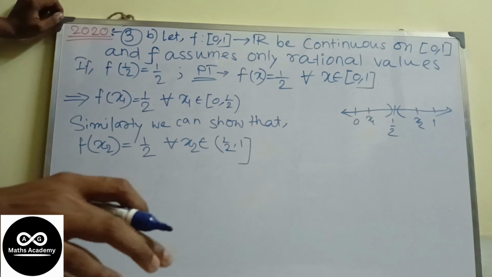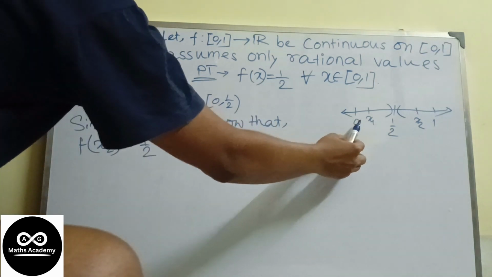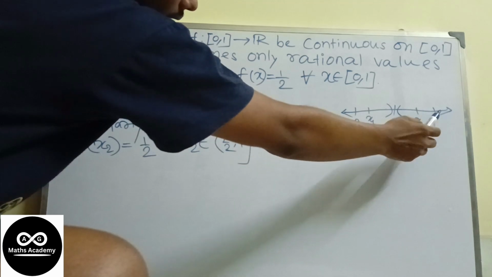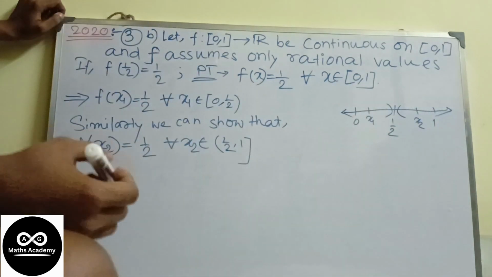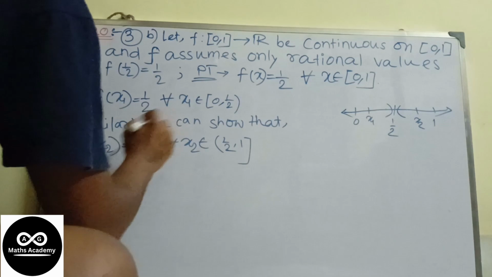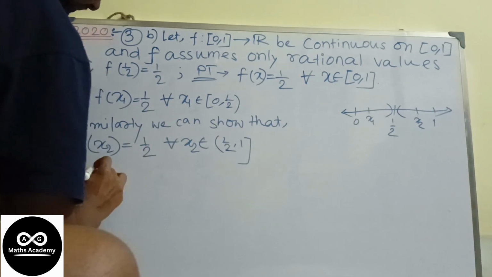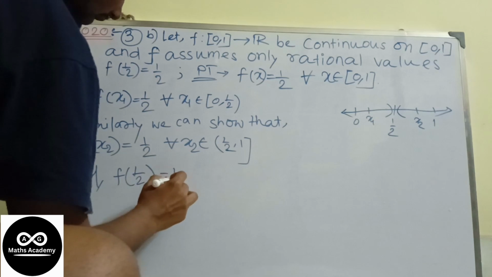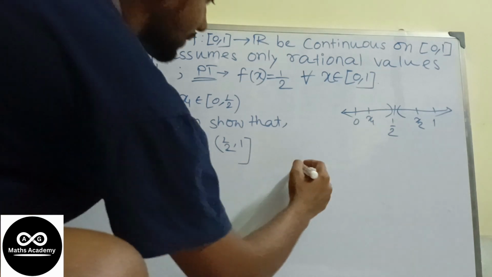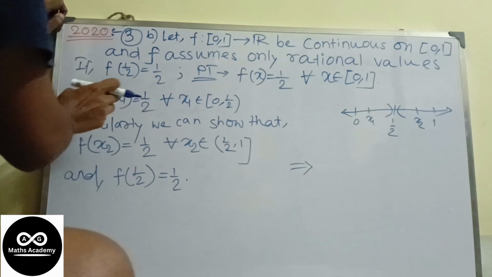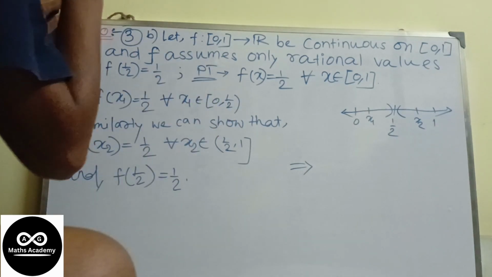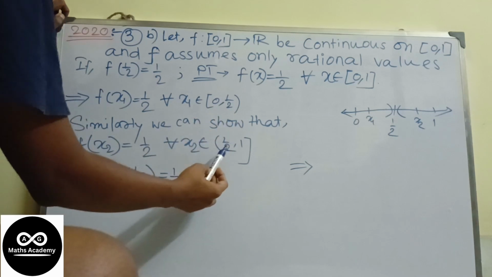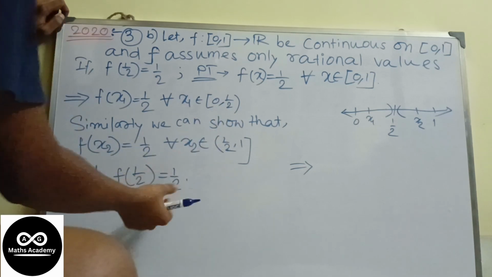Okay, so this is half. Every value between 0 and half is half, and this is also half. And f of half is half. So f of x1 is half for x1 in 0 to half, half to 1 is also half, and f of half is also half.